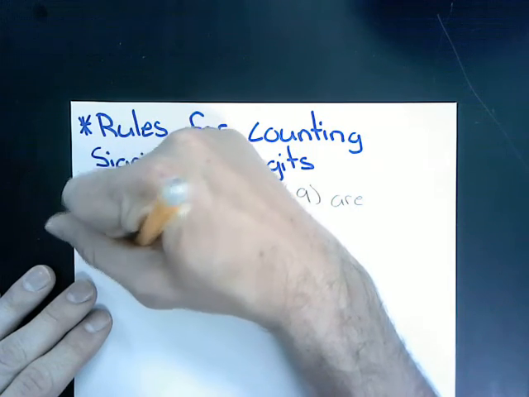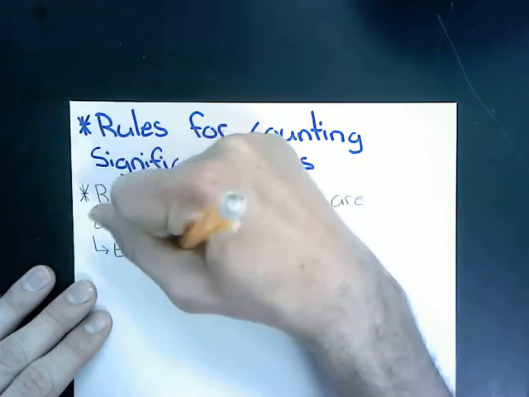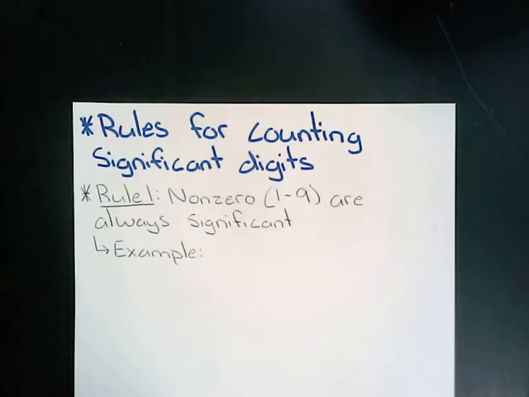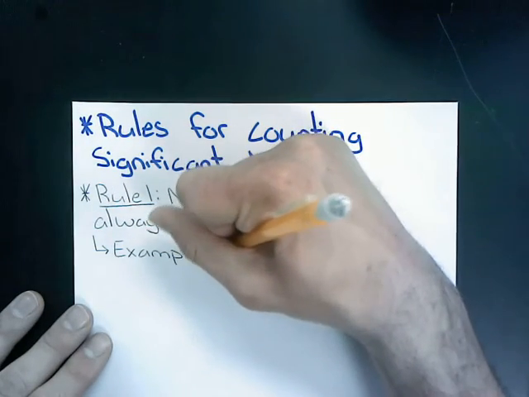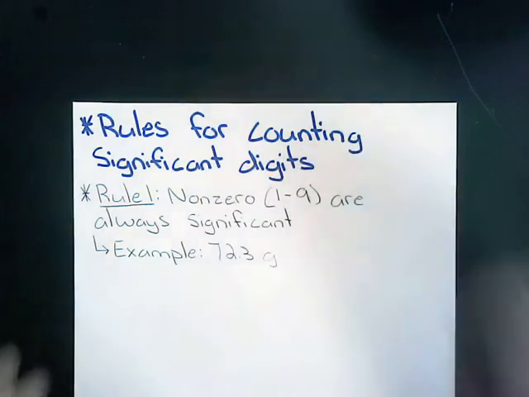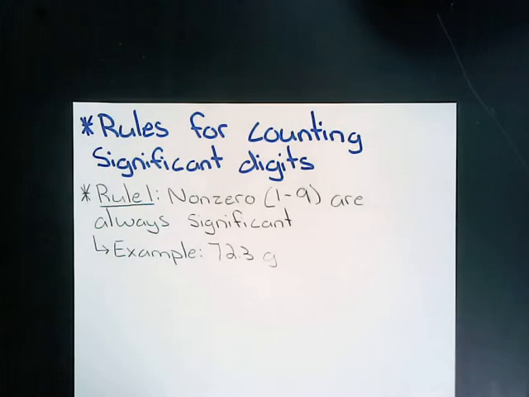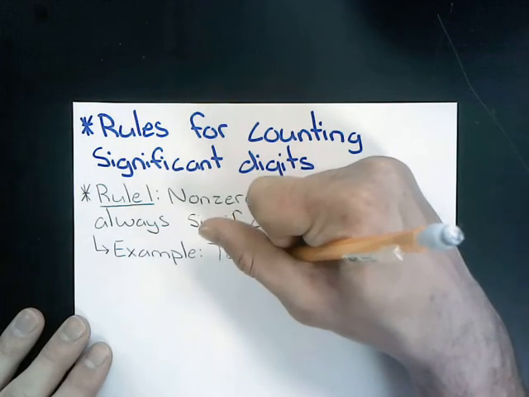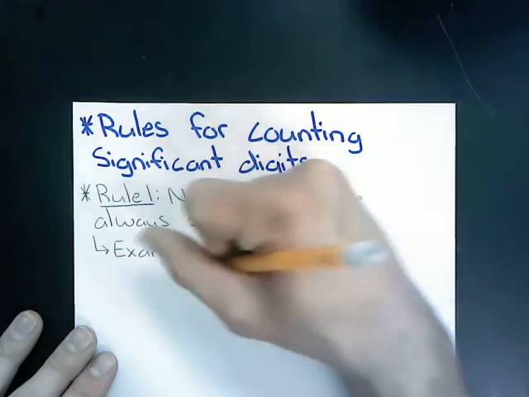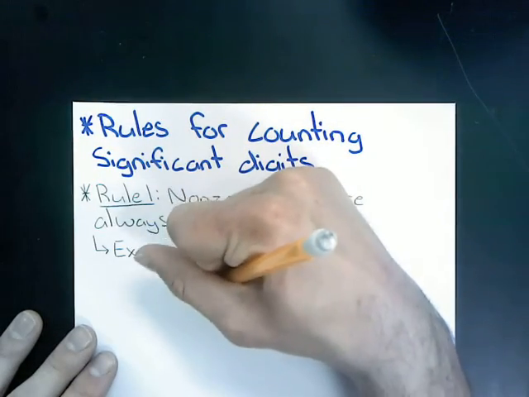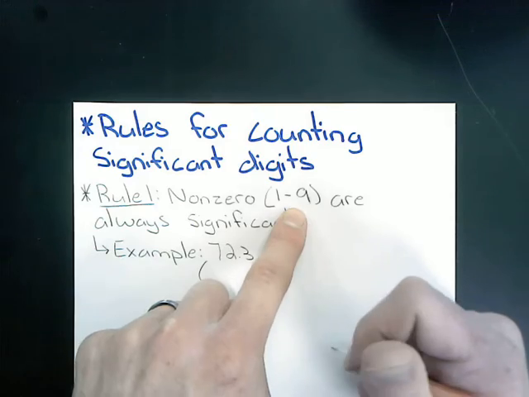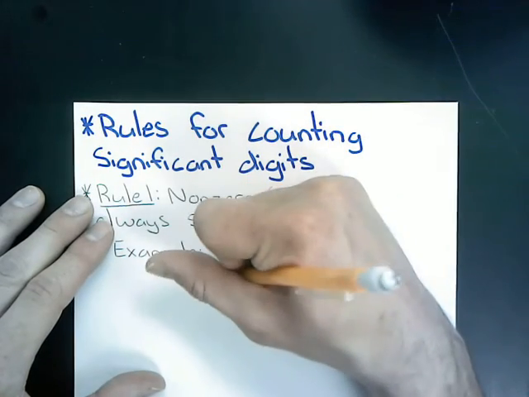If we have the number 72.3 grams, we are going to have 3 significant digits, because all of these are non-zero numbers, 1 through 9.